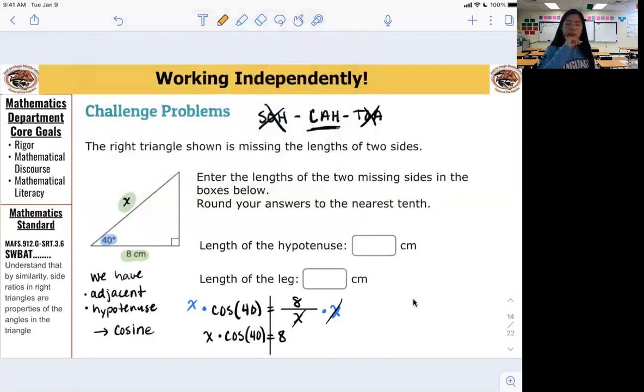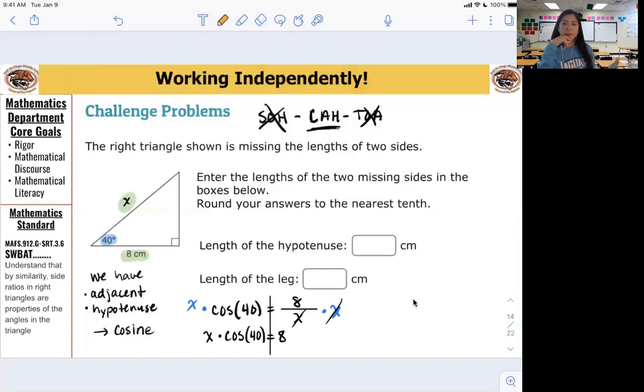You can do that, but the problem is that the cosine of 40 is going to be a really long decimal, so you don't want to do that until the last step. But how would I get cosine of 40 to the other side? Would I add it, subtract it, multiply it, or divide it?